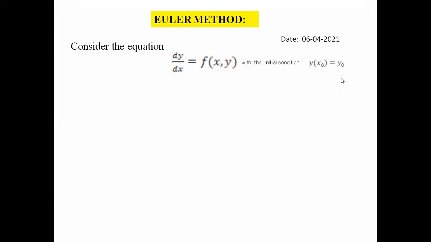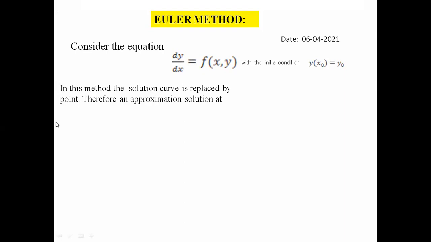That means y of x naught is equal to y naught. The value of y at the point x equal to x naught is given as y naught. Here x is the independent variable, y is the dependent variable. We need the solution for the dependent variable at any point of the independent variable.